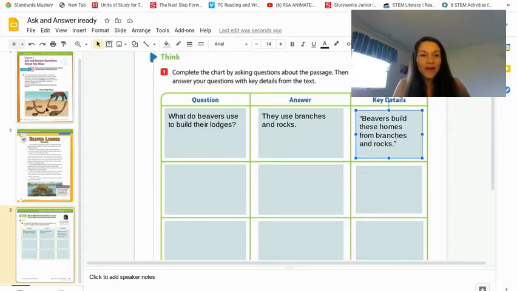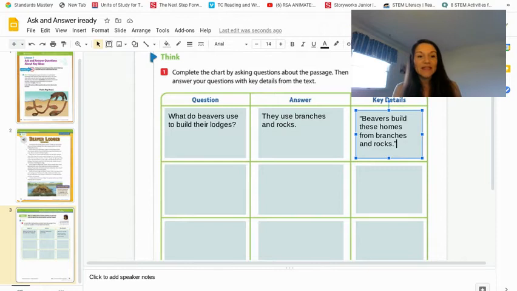Finally, I would like you to make sure that you are using what, where, when, how questions, and not why questions. Because if you remember, we've talked about this before. Why questions get us into a little bit of trouble sometimes because they often lead us to our own thinking.